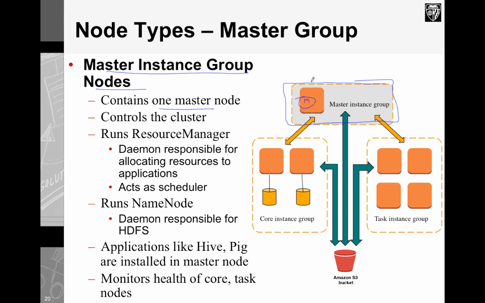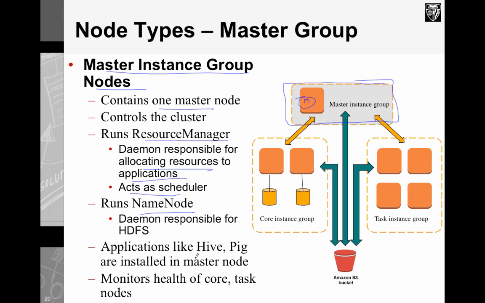So in this case, the master node will run the resource manager daemon, which is responsible for managing the resources in the cluster, the storage resources and the task resources and the job resources. So it's the daemon responsible for allocating resources to applications, and it acts as a scheduler. It will also run the name node daemon, which is responsible for the distributed file system.